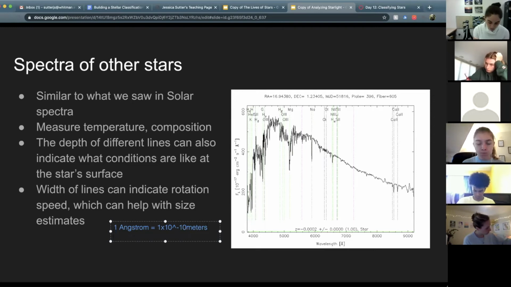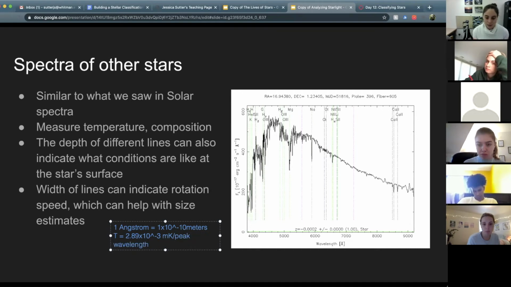If we want to use Wien's law, temperature is equal to 2.89 times 10 to the power of negative 3 meters Kelvin divided by the peak wavelength. Sorry, I can't type symbols, so I'm just writing this out. We need to make sure our wavelength is always in meters. Anytime you use Wien's law, you need your wavelength to be in meters.